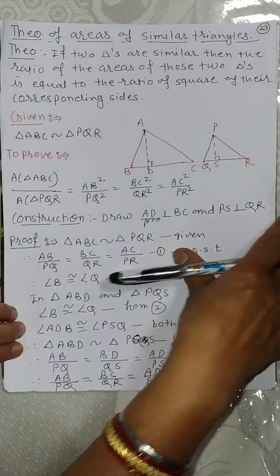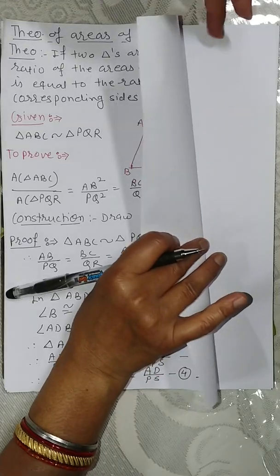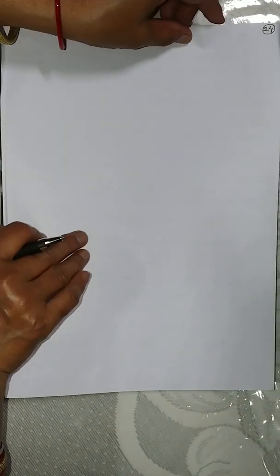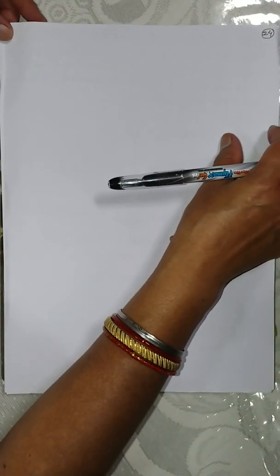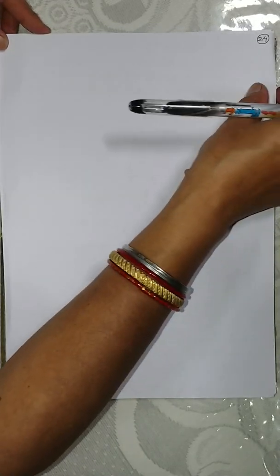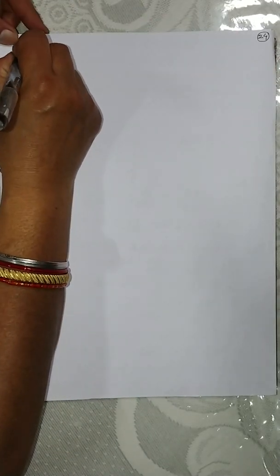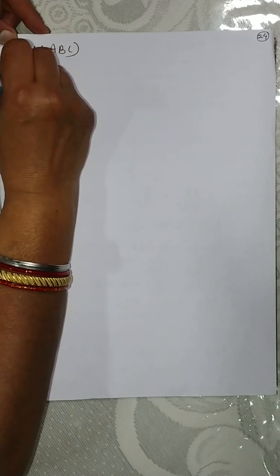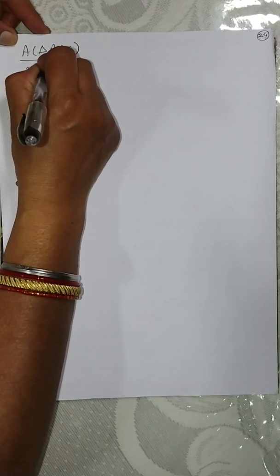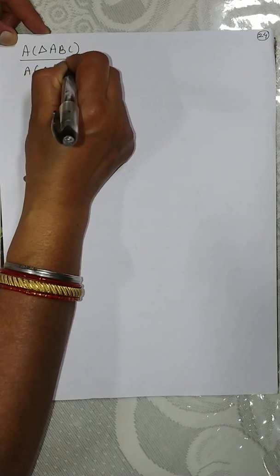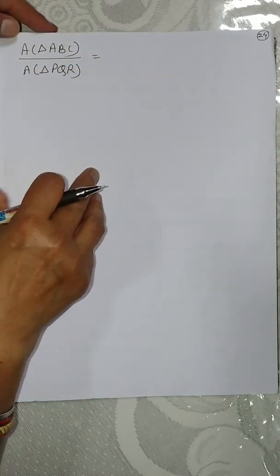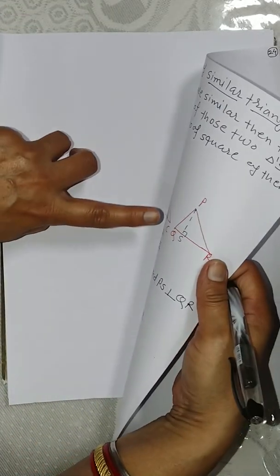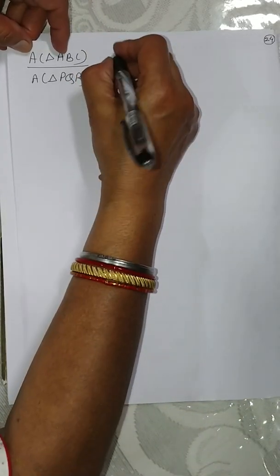Now we know that the ratio of area of two triangles with different base and different height. So area of triangle ABC upon area of triangle PQR, it is equal to, here base is BC, height is AD.